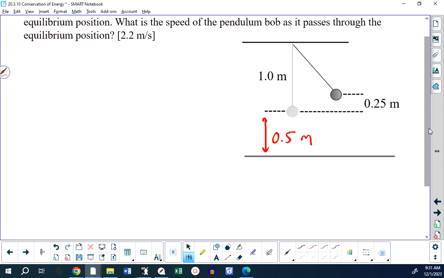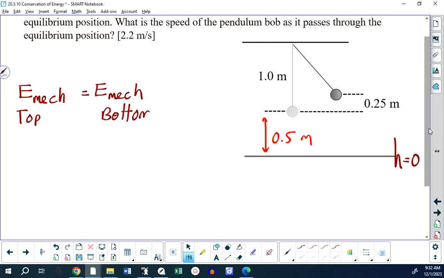So don't bother writing anything down just yet, but I'm going to tell you that a student who looks at this and is locked into the idea that gravitational potential energy is always measured relative to the floor, that student is going to do this. What they are going to say is that the mechanical energy at the top of the swing and the mechanical energy at the bottom of the swing are equal.